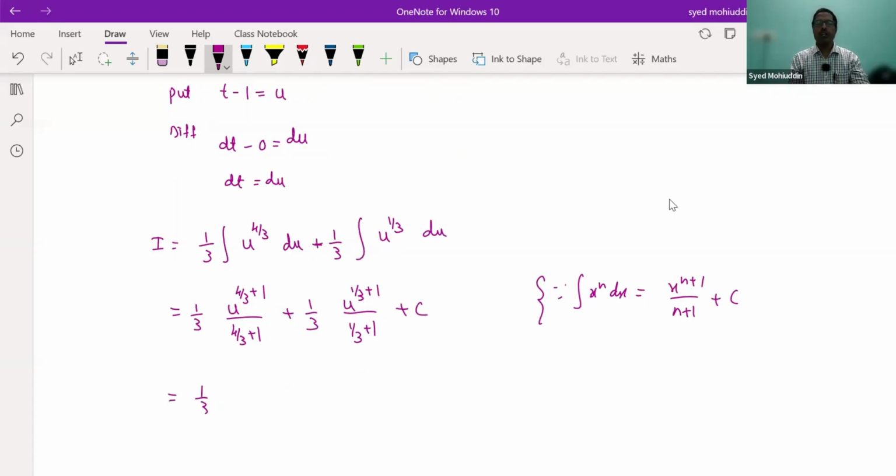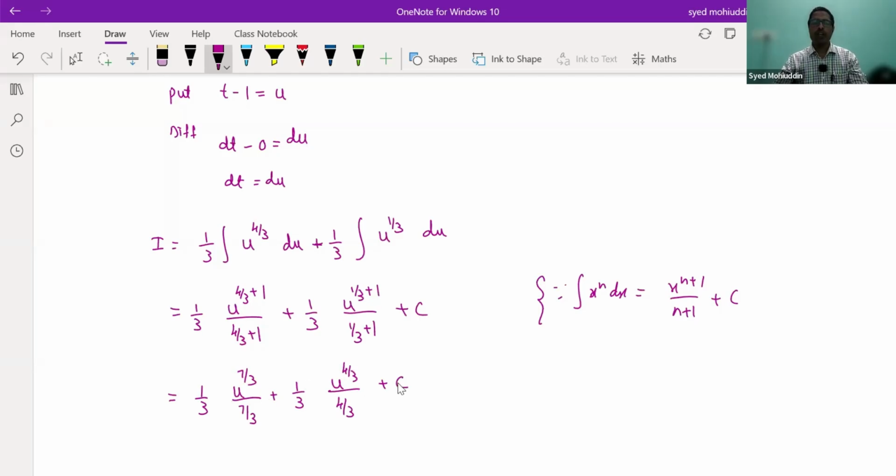Or 1 by 3 u power of 4 by 3 plus 1, which will be 7 by 3, whole divided by 7 by 3, plus 1 by 3 into u power of 4 by 3 divided by 4 by 3, plus the constant c.